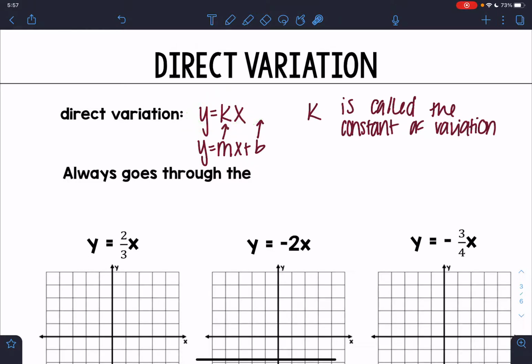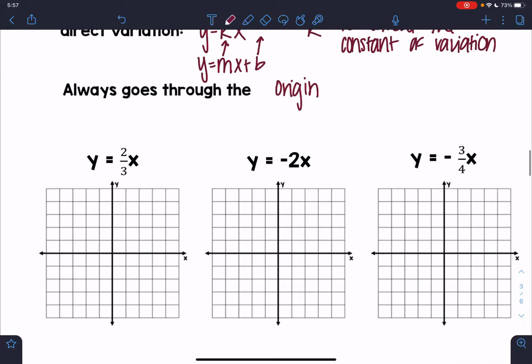But I want us to be able to think back to the equation we've already been learning and notice how it's almost the same, okay? And so what we're going to fill in here is it always goes through the origin. So I've already said that because our b becomes 0, okay? So we're always going through the origin. So if I want to graph this type of equation, again, we've already done something like this before.